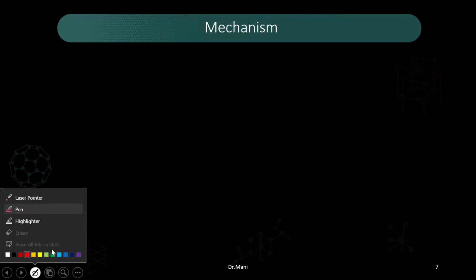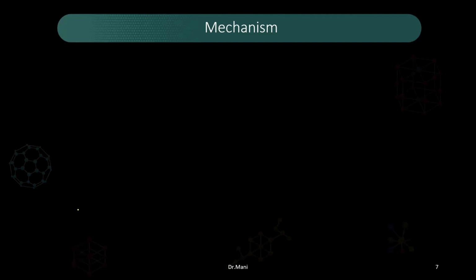So let's see how the actual mechanism happens. Remember, it actually happens in three steps. First is the base approach, then the transition state, and finally the bond formation or breaking.